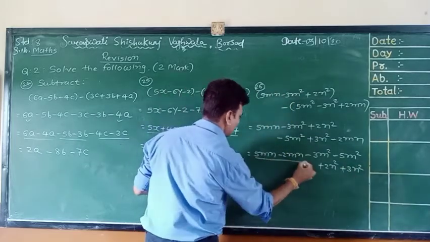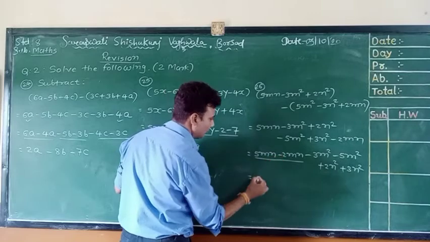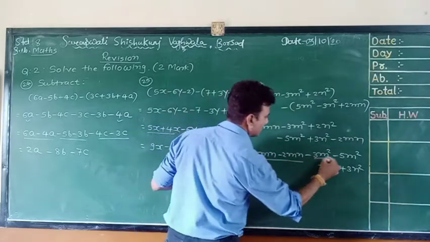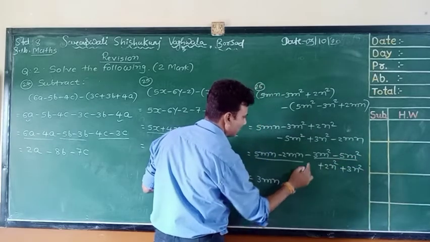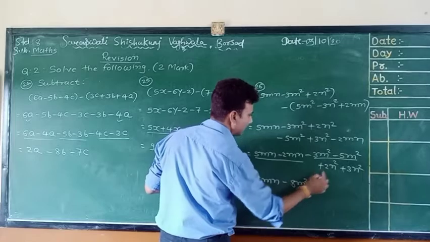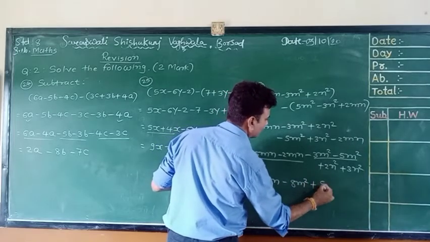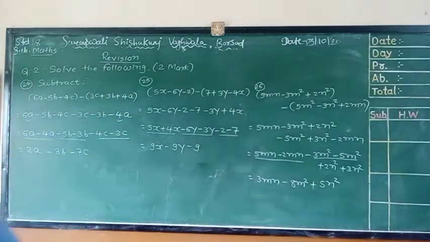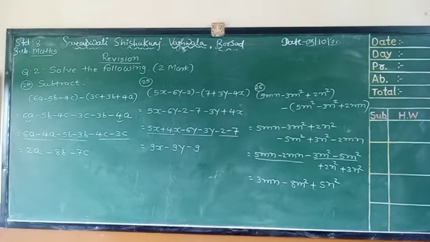So 5 minus 2 is 3m, with a plus sign. For the like terms, minus 3 minus 5 is 8m square, with a minus sign, plus 2 gives minus 5m square. This is the right answer of this question.